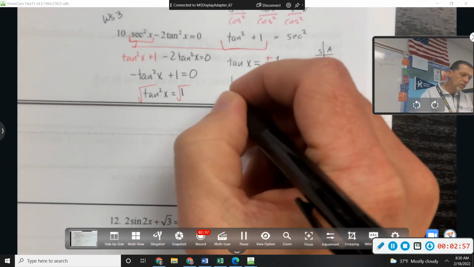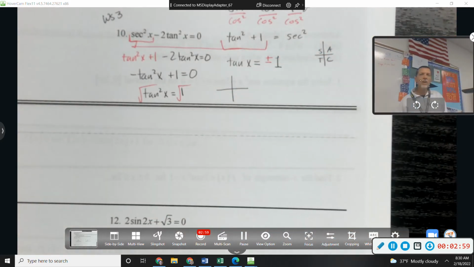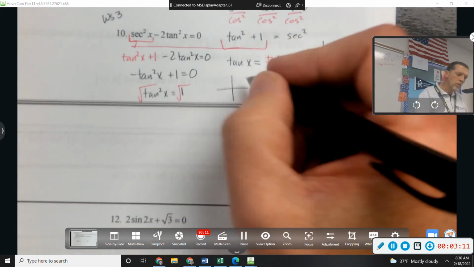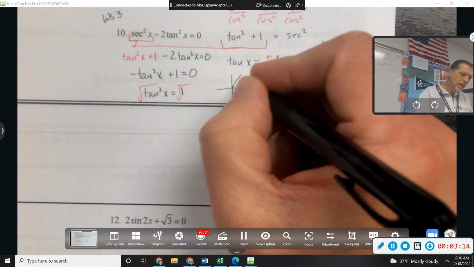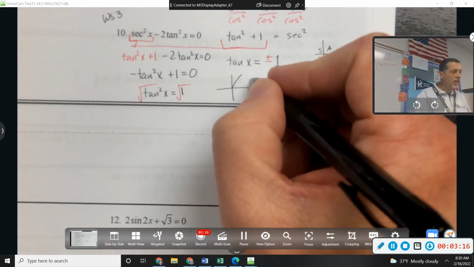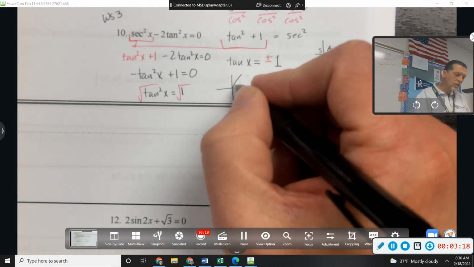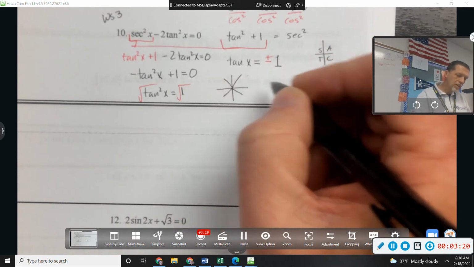What I'm more concerned about is what angle has a tangent of 1? What's the reference angle? It's the pi over 4, the one in the middle. Because tangent is sine over cosine, so this means sine over cosine is 1, so they're equal to each other.